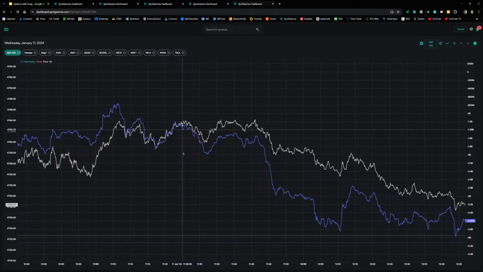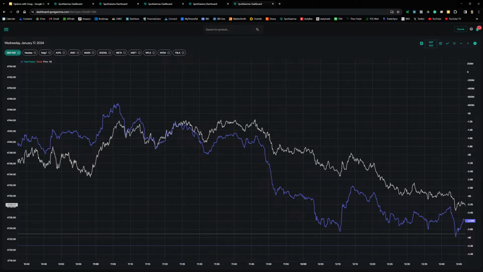So the thing about the lower daily expected move, market makers may be hedging there. Typically, the expectation is that price will stay within that range. But if price breaks below that level and it acts as resistance, yeah, I would interpret that as very bearish.